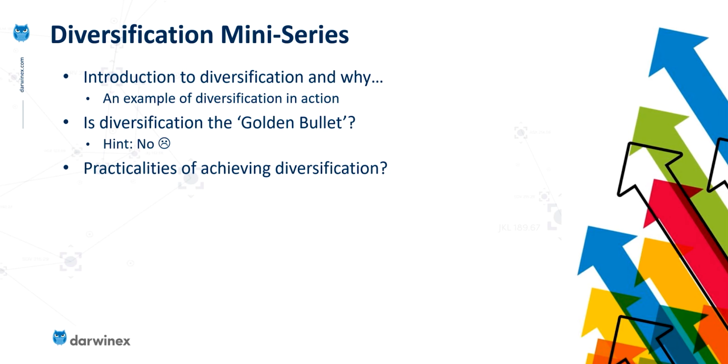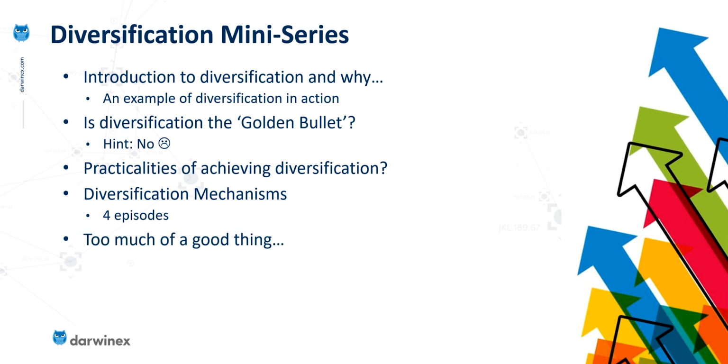Next, I'll start looking at some of the practicalities of achieving diversification in real life. Following this, I'll start to look more specifically at the ways or mechanisms that you can diversify and look at 4 of these over 4 separate episodes. In the episode that follows, I'll be looking at the concept of whether you can have too much diversification, and is there a point in which this loses its value.